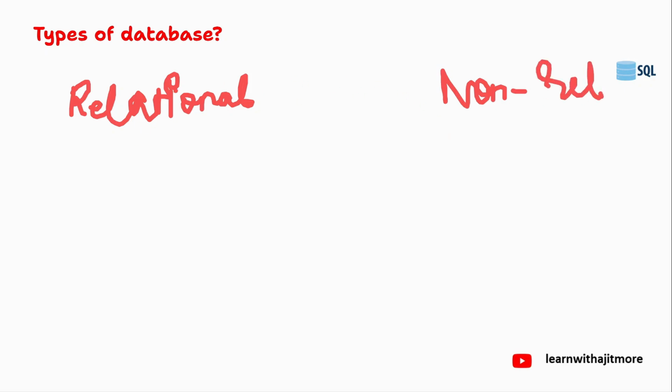What is the basic difference between them? That we will understand first. And those who are going to work on data engineering, data analysis, and all, they have to work on relational. Relational databases are more powerful and more famous comparative to non-relational.